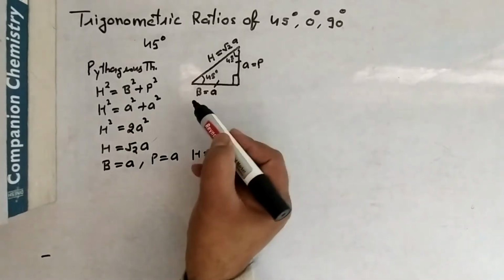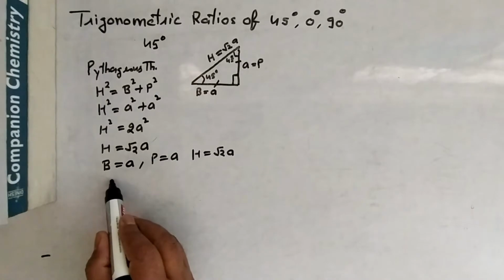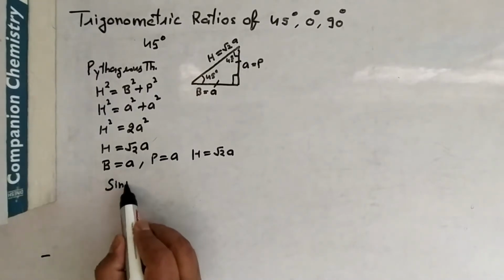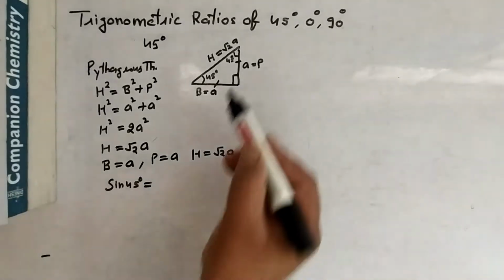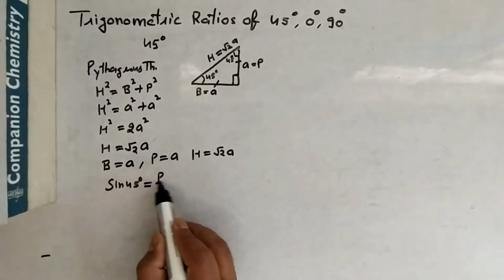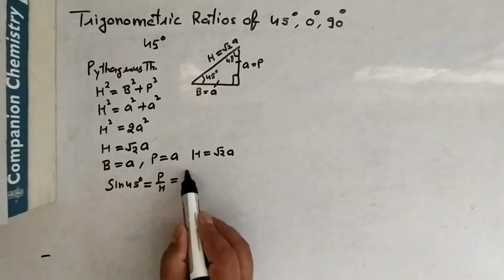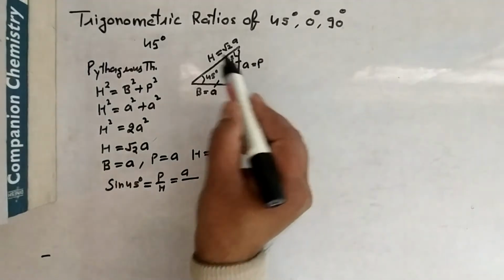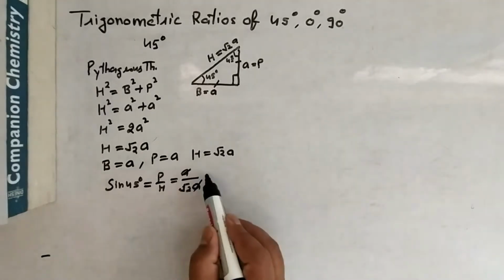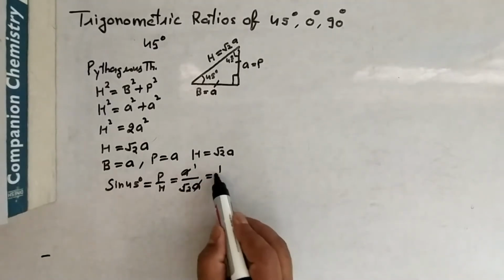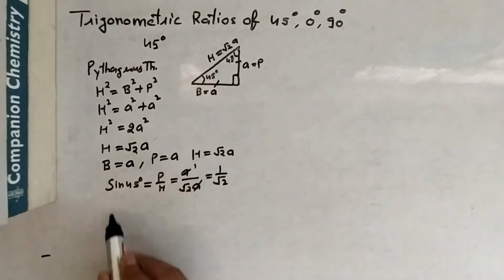Now you have to find sine 45. Sine 45 is nothing but perpendicular over hypotenuse. So here perpendicular is a and hypotenuse is root 2 a. A cancels out with a and we get 1 by root 2.